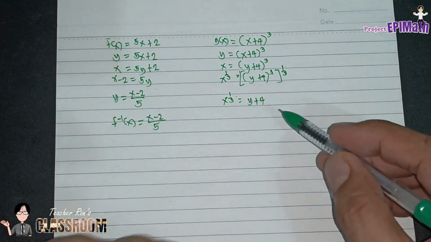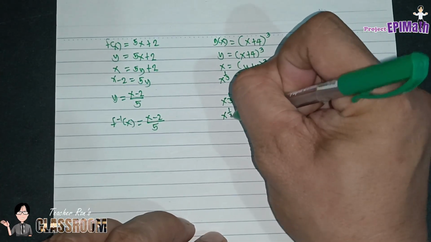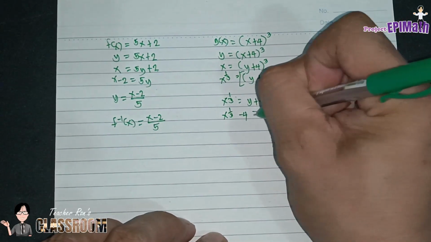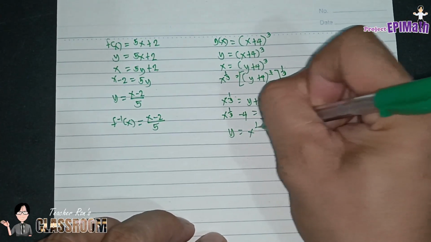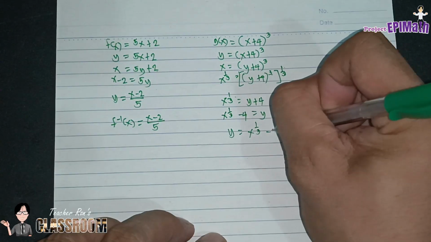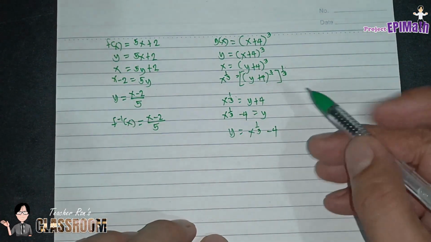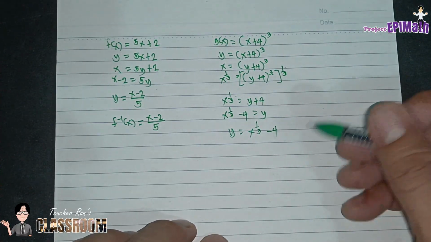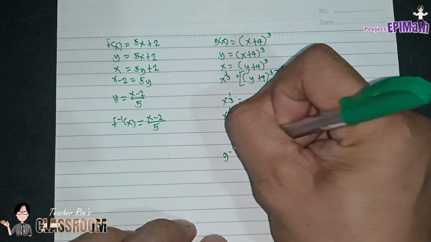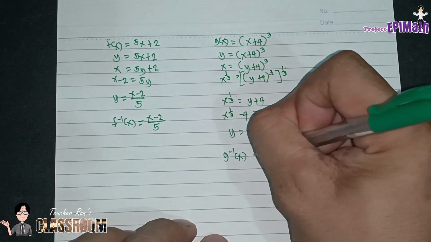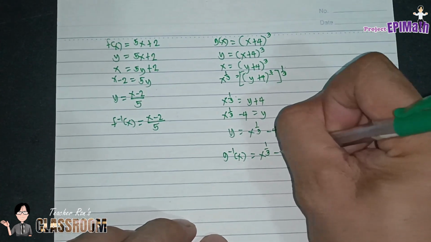Yan. So subtract 4 on both sides. So we have x raised to 1/3 minus 4 equals y. So y equals x raised to 1/3 minus 4. That is our new y. Then let us rewrite that in our inverse notation. We have the inverse of g of x is equal to x raised to 1/3 minus 4.